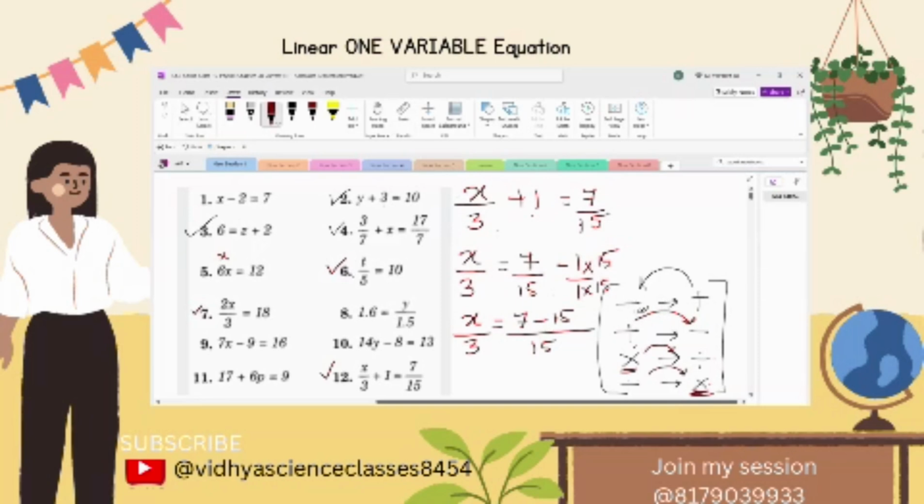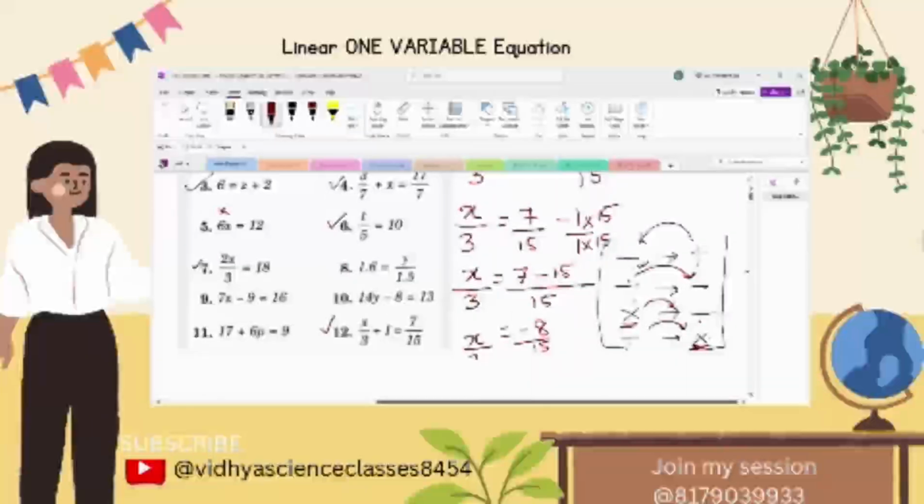7 minus 15 is how much? Minus 8. Perfect answer. This is equal to negative 8 by 15, equal to x by 3. Now the 3 is in the division part.